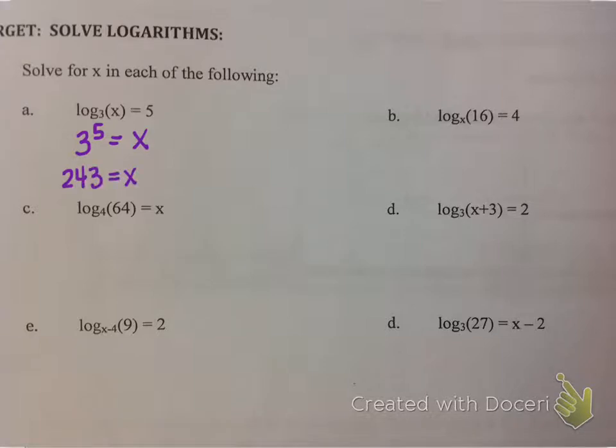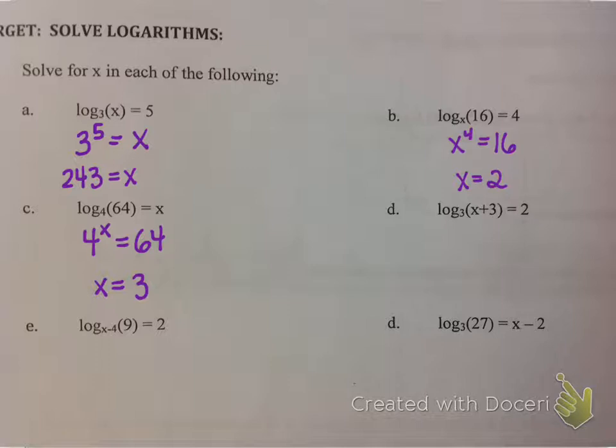In letter B, x to the 4th power should give me 16. You could guess and check, or take the 4th root of 16, and either way you would get x equals 2. Letter C says 4 to the x power would be 64, and based on that, x has to be 3, since 4 to the 3rd power is 64.